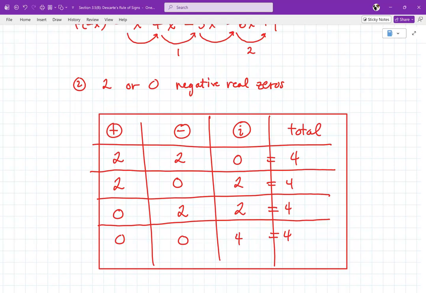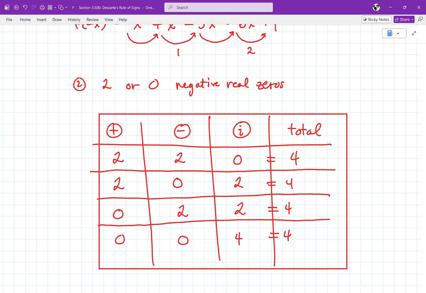Because it's supposed to all equal 4. If I did two positives with no negatives, well, I'm at 2 so far. That means I need 2 more. So that gives me 4. Okay, now that I've done the positives at 2, let's do positives at 0. So in other words, there are no positive answers.